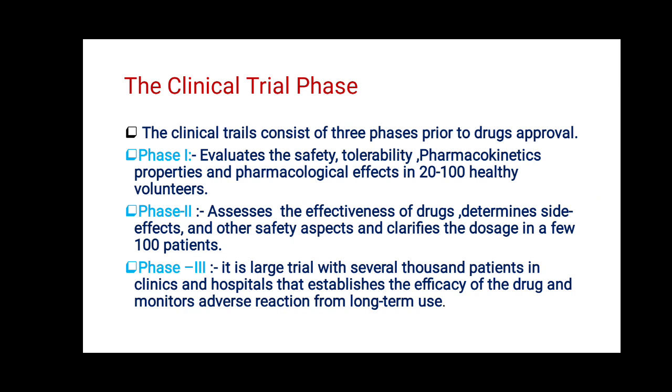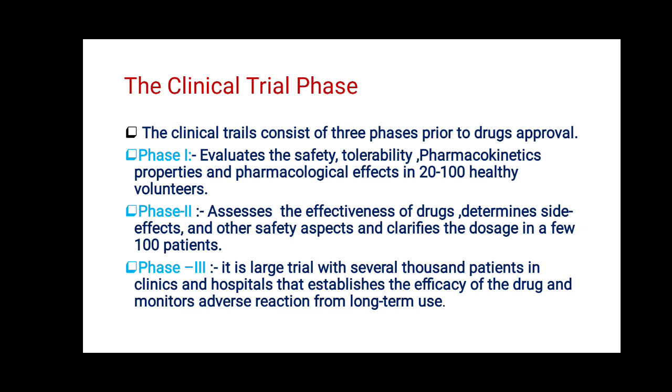Then phase 2 is to assess the effectiveness of a drug, determine side effects and other safety aspects, and clarify the dosage in a few hundred patients. It means the effectiveness of the drug and its side effects, such as toxicity or allergic conditions generated by the dose given.